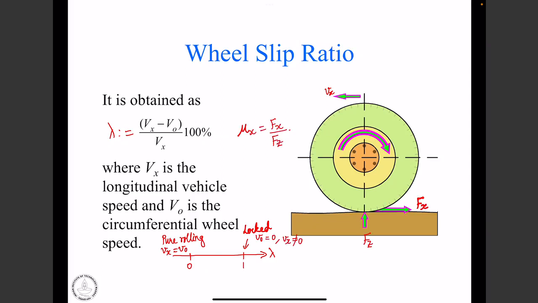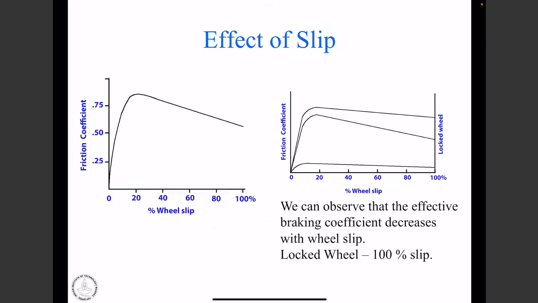Amongst other things, this longitudinal friction coefficient, mu x, depends on the nature of the tire-road contact surface and also the slip ratio. So how does it depend on the slip ratio? A typical curve looks like this.